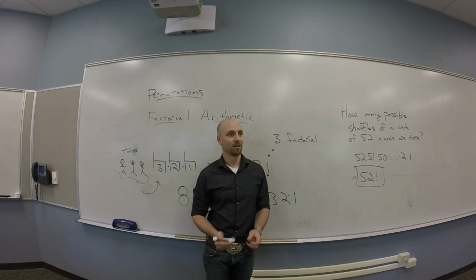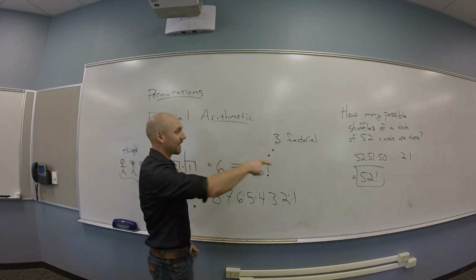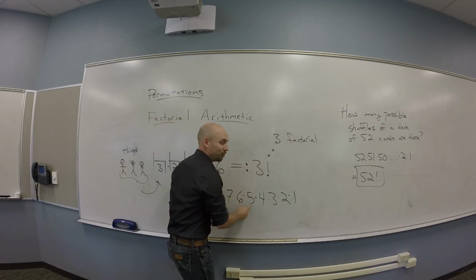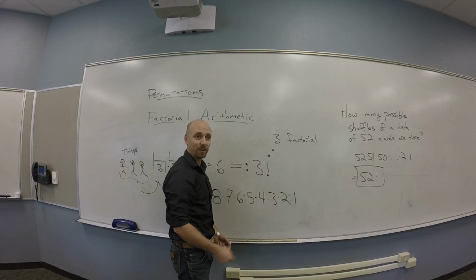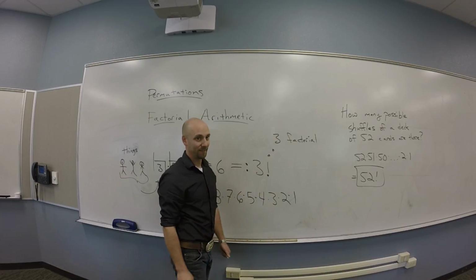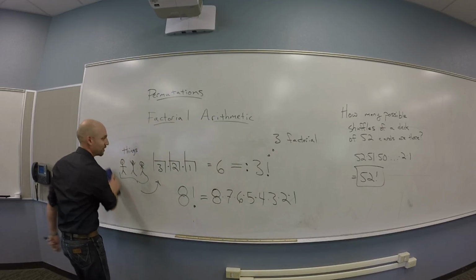Cool. All right. Ready for the arithmetic part of this? Is the exclamation mark like the actual part of the answer? Yeah, the exclamation mark means do this multiplication continually, stepping one down until you get to one. So let me give you an actual precise math definition of that thing.